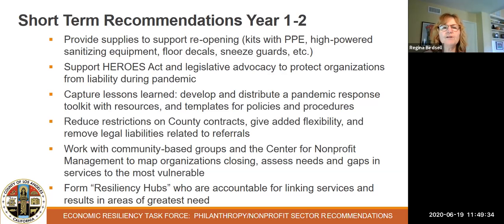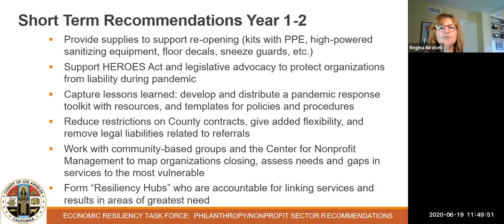Some of you know that the HEROES Act out of Washington, D.C. creates some protection for employers so that the liability from the pandemic doesn't get in the way of providing services as we're trying to figure this all out.